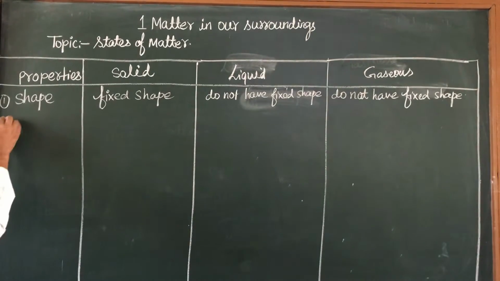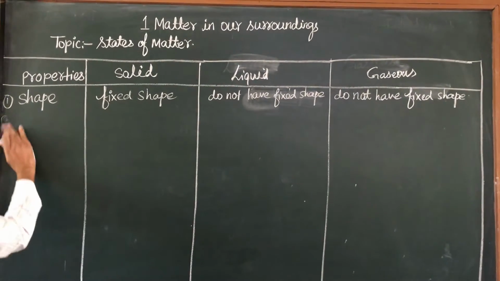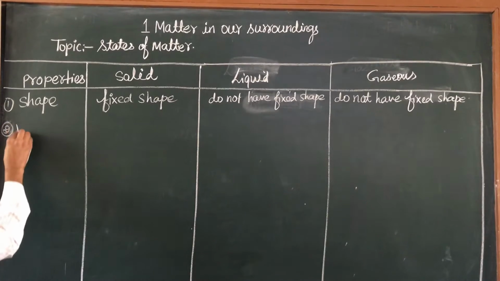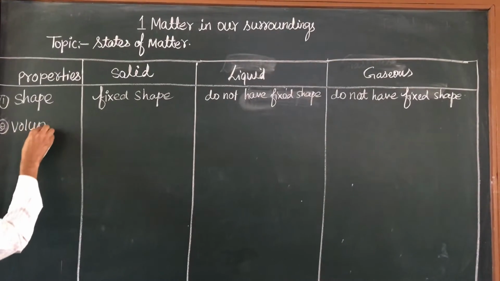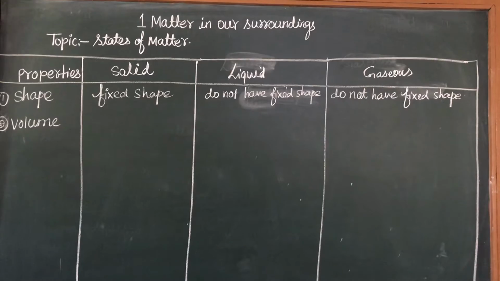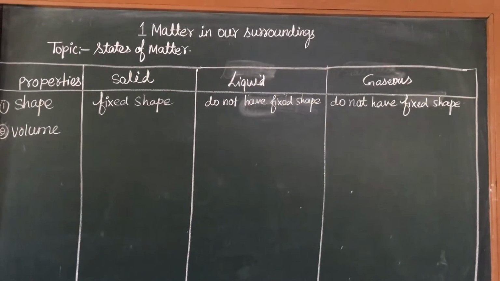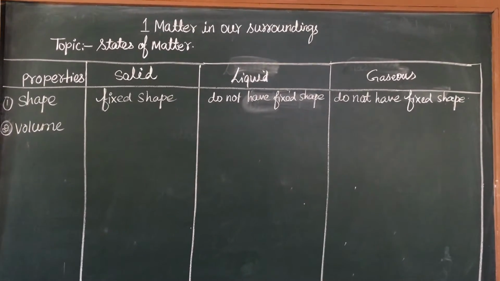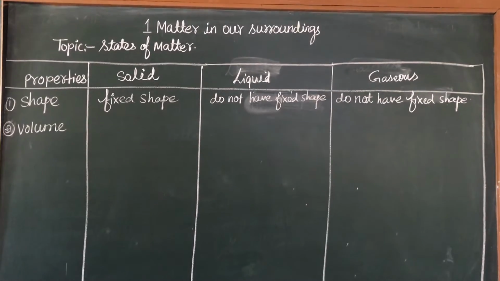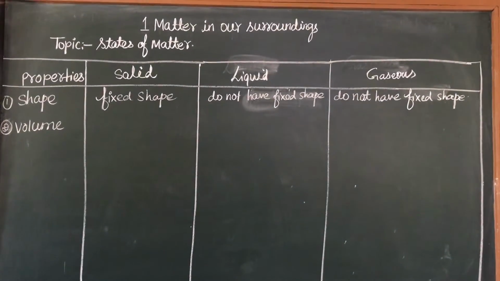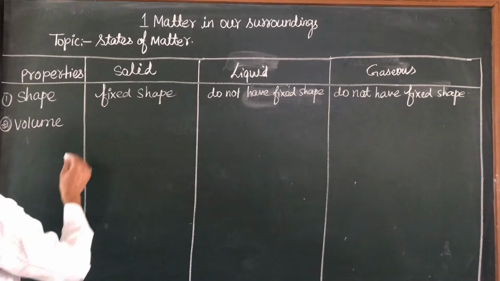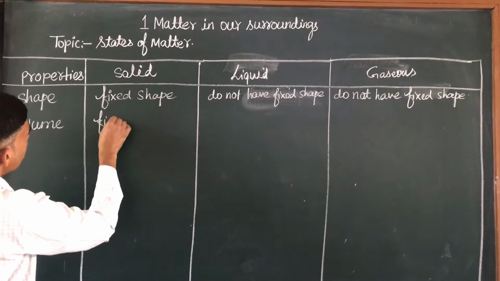Second is volume. Volume means how much matter is present in the given mass; that is the volume. Solids have fixed volume.